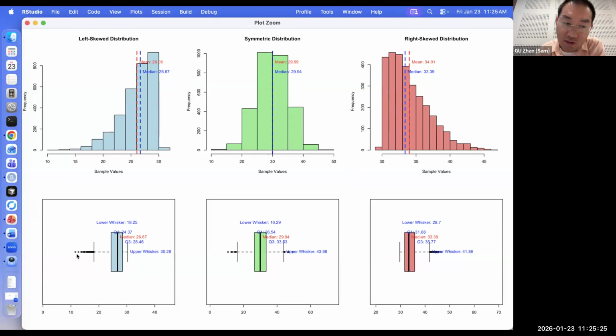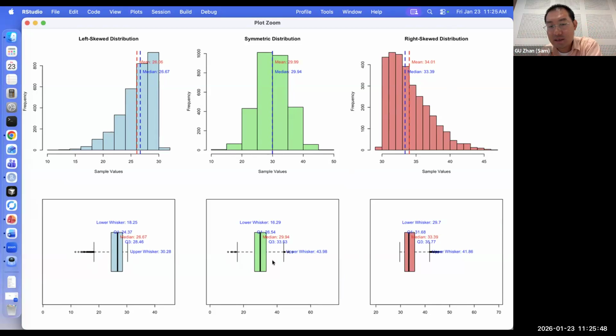For the left skew, you are going to observe more extreme values to the left, so there is more likelihood of extreme outliers on the left side. The left side is the lower whisker, and the higher values are the upper whisker.